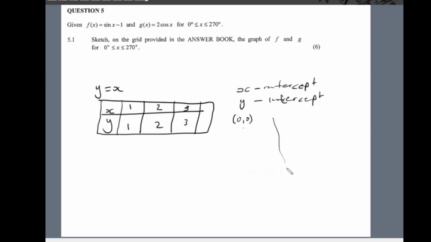And then when you sketch, you'll just have a straight line passing through the origin, right? So this is how you sketch. And then the same thing applies for trigonometric functions, right?